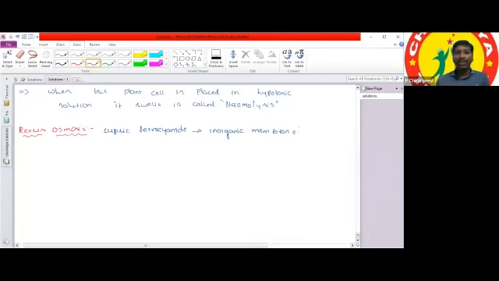What is meant by reverse osmosis? In osmosis, pressure is applied on the solution to stop the flow of solvent molecules. To make you understand, I'm drawing the diagram once again. We take one container containing two compartments.